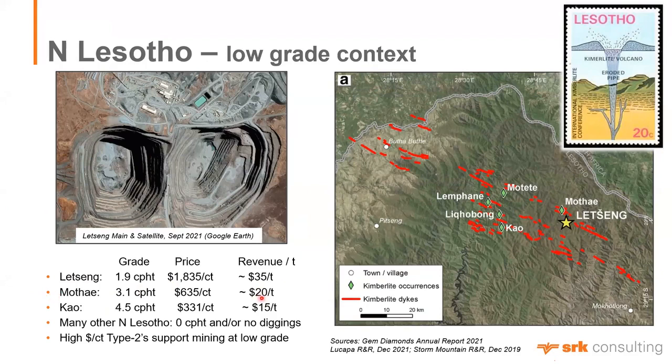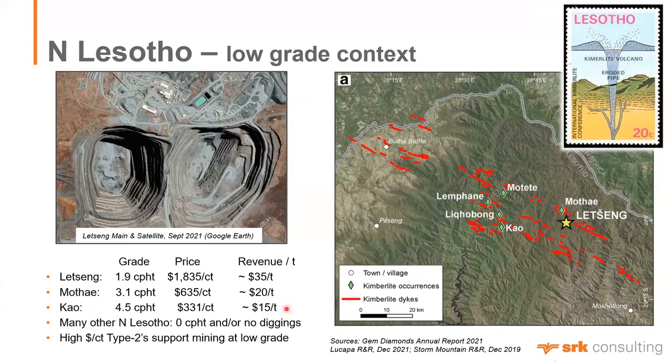At Matai, the revenue is about $20 a ton. And as of yesterday, I got some numbers for coal, roughly 4.5 carats per 100 tons at $331 a carat. They are sustaining themselves as potentially a marginal operation, but doing so by paying attention to their geology at a revenue of only $15 a ton.